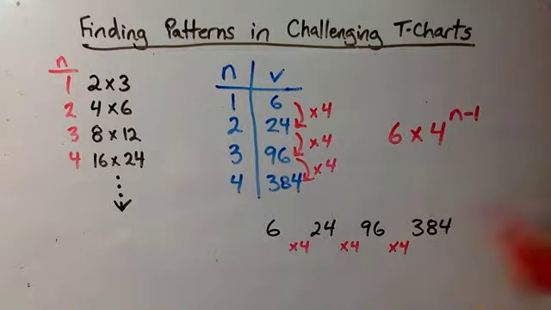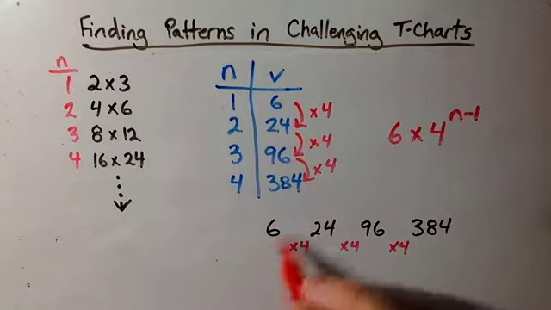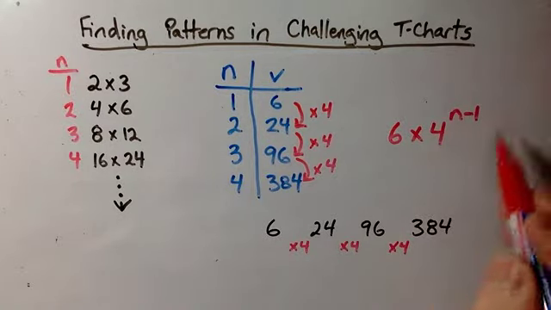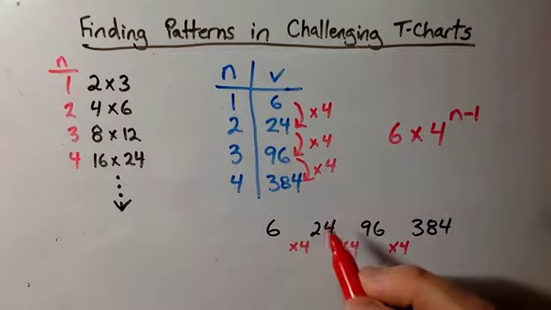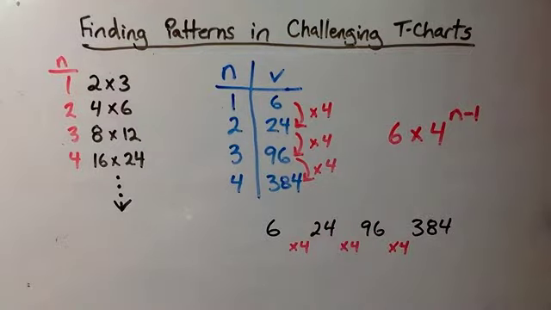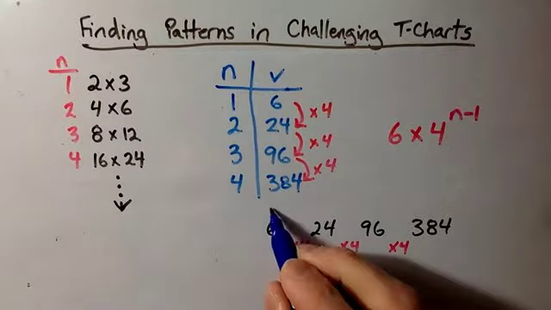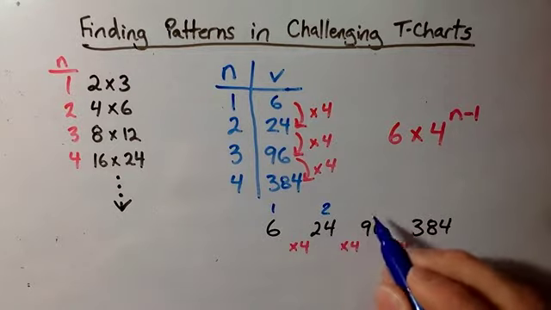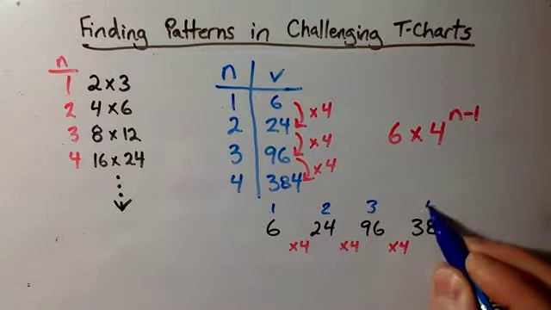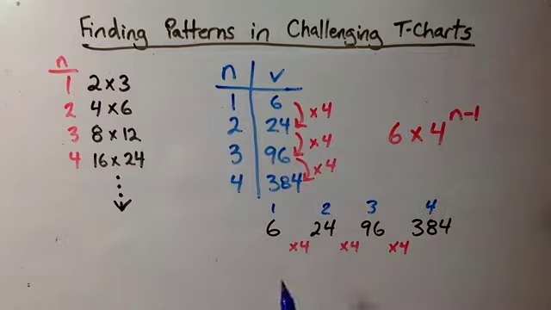Or even if you almost just ignore this first number, then you can see how this would work for all the other numbers. I'm going to put the term numbers in blue just so we can see what they are. So our first term is 6, our second term is 24, then 96, then 384.